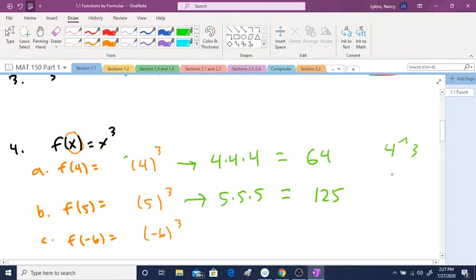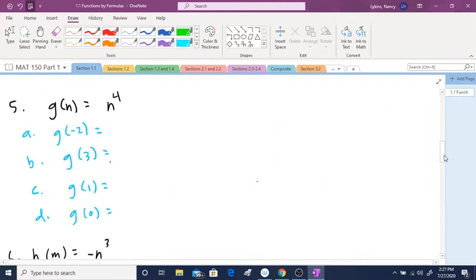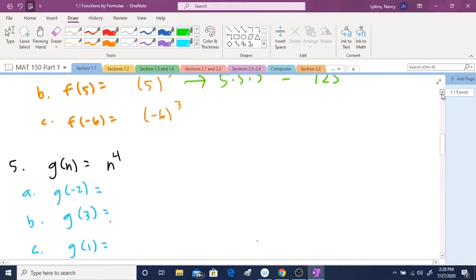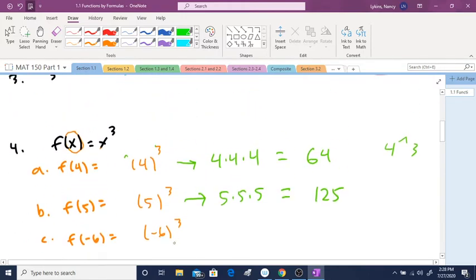Now, I'm going to show you a little thing that I like to do when you have negatives. If you have a negative, that's like saying negative 6 times negative 6 times negative 6. The 3 is an odd power, so you're going to have an odd number of negative signs. Since you have an odd number, the answer is going to be negative.